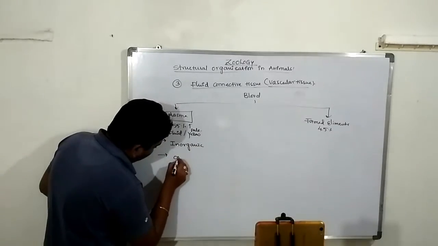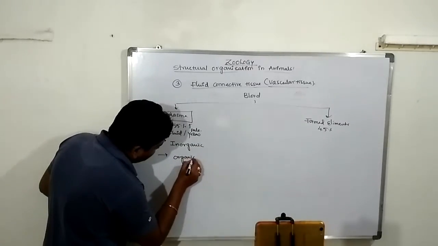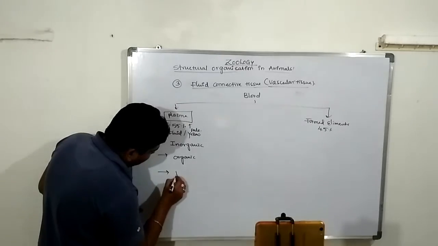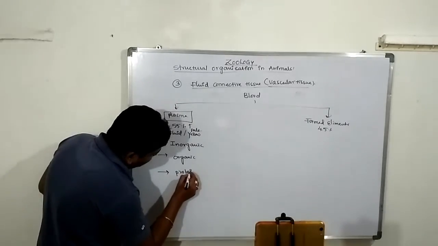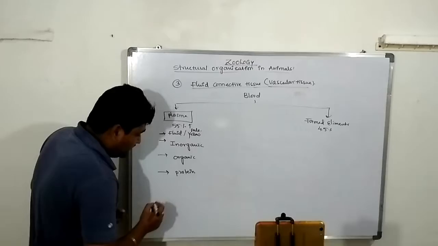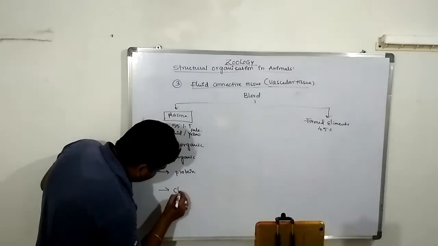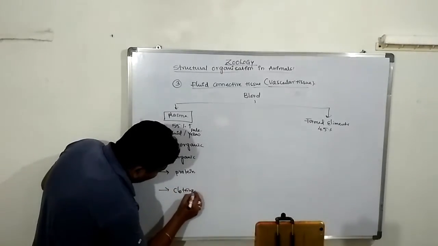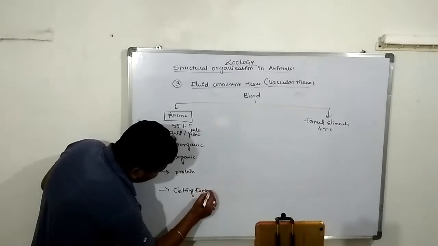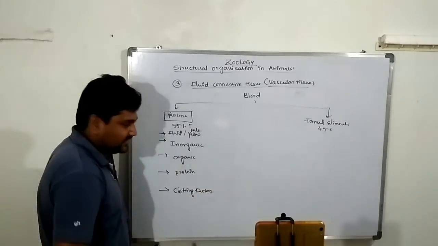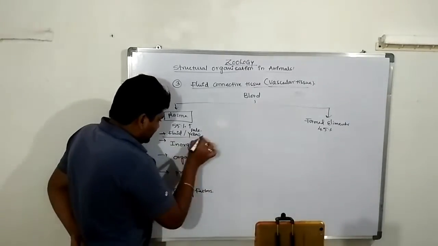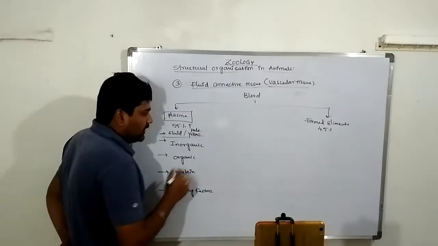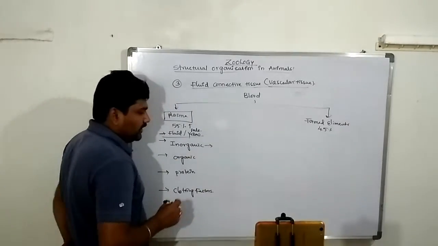Second, organic components. Third, protein molecules. And fourth, clotting factors, the blood coagulation factors.